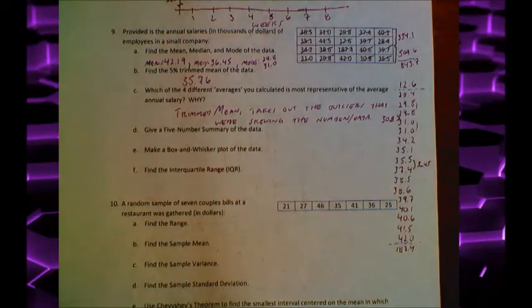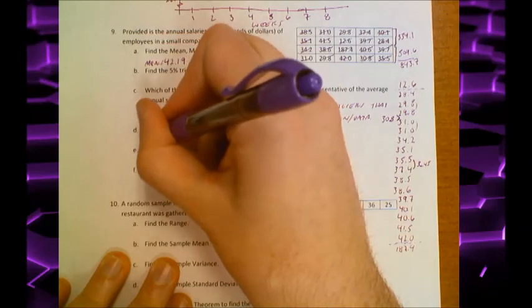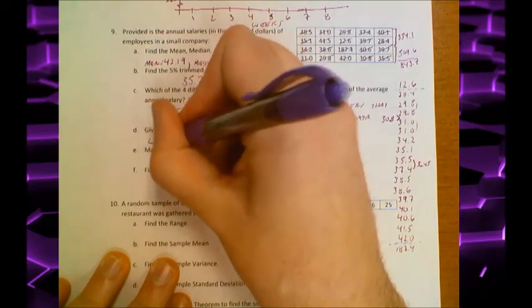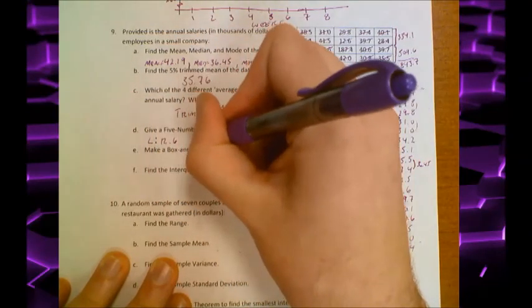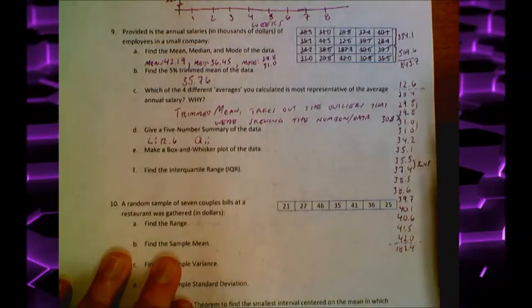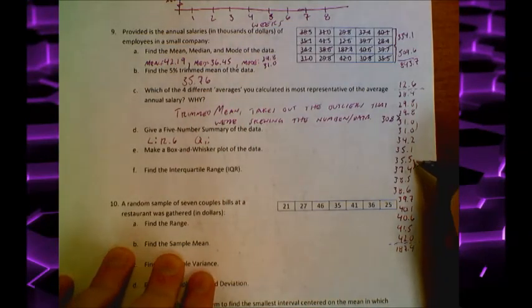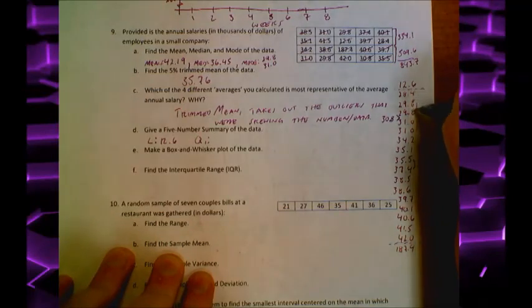All right, so now with the 5-point summary of the data, that's our low, our first quartile, our median, our third quartile, and then our high. So our low is going to be that 12.6. Quartile 1, I'm going to be halfway between these ones. So I have my bottom 10 points here. So there's 1, 2, 3, 4, 5.